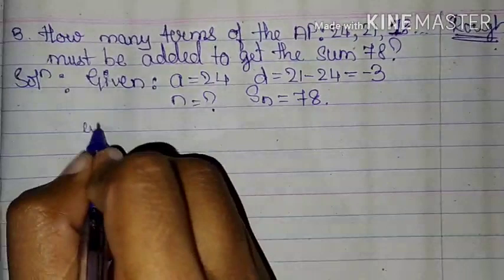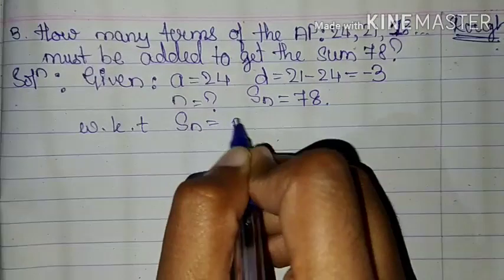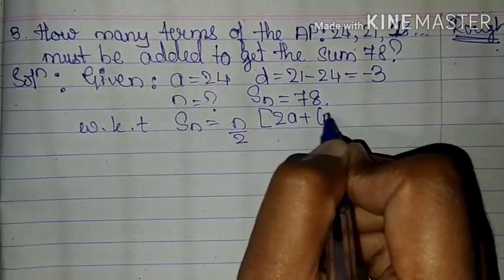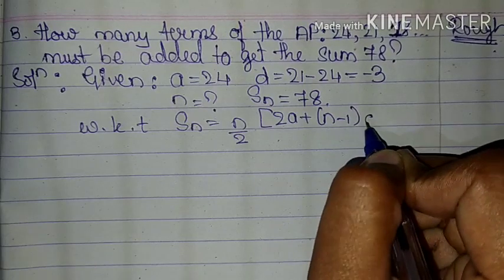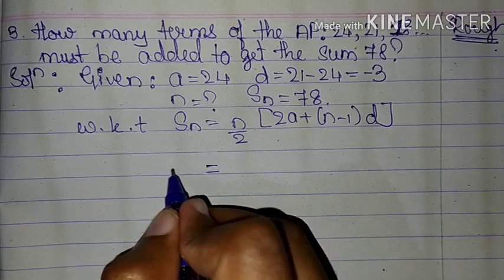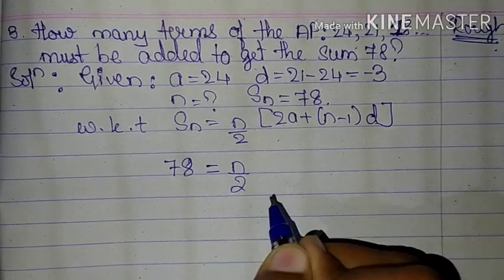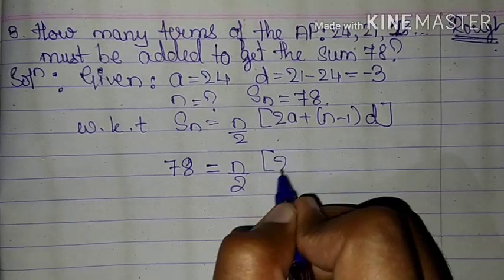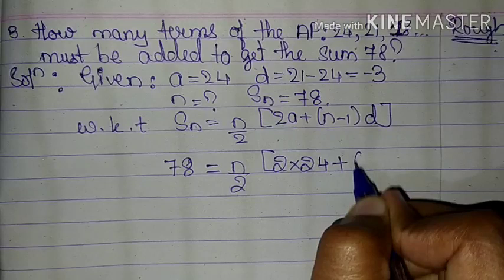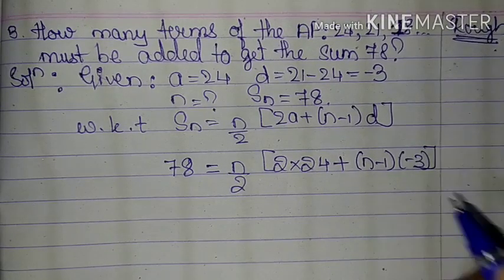Now we know that, or using the relationship, Sn is equal to n by 2 into 2a plus n minus 1 into d. Let's put our values. We know that Sn is 78. We don't know n, so keep it as it is. Then 2 into 24 because a is 24 plus n minus 1 into minus 3.